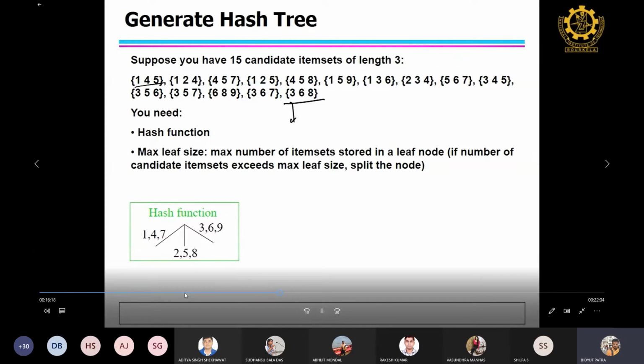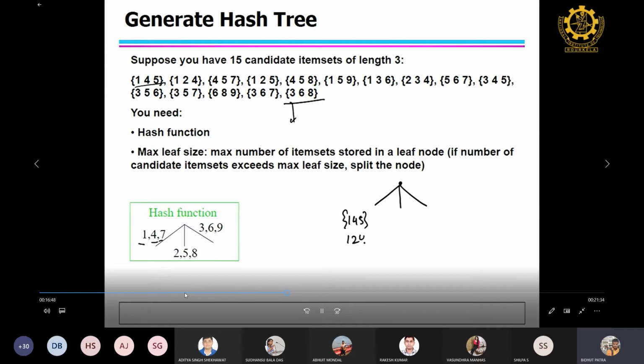Now we'll generate the hash structure. Let's start from here. First is 145. It should go on the left side, because as the structure says, if it starts with 1, 4, 7, it goes on the left side. So this is 1 4 5. If you have any question, you can ask parallelly. 1 2 4, again it will go on the left side.